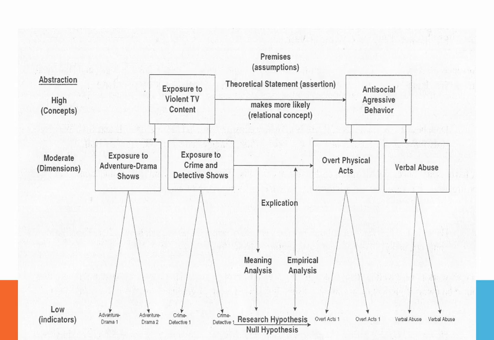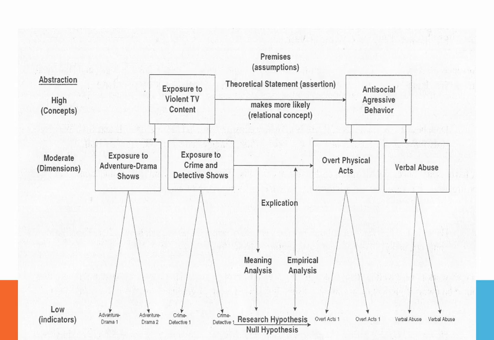The assumption, of course, was that children who watch this violence on TV would be more aggressive. And so then we have to identify what is meant by aggressiveness and aggressive behavior. So now we've come to a point where we're defining exposure. What is exposure?